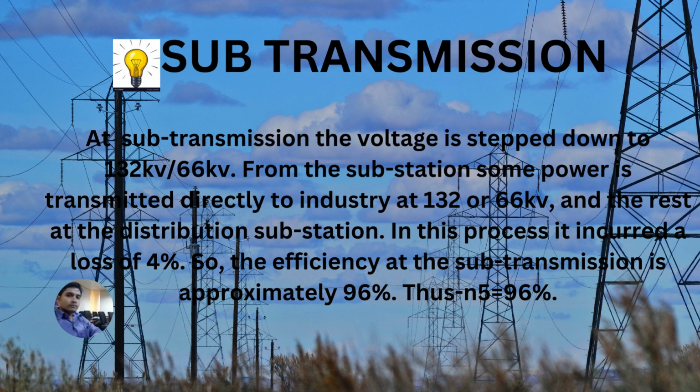After the power is received at the subtransmission unit at a voltage of 200 kV or 400 kV, it is stepped down to a voltage of 132 or 66 kV, from where some of the power is transmitted directly to the industry at 132 or 66 kV, and the rest is transmitted to the distribution substation.